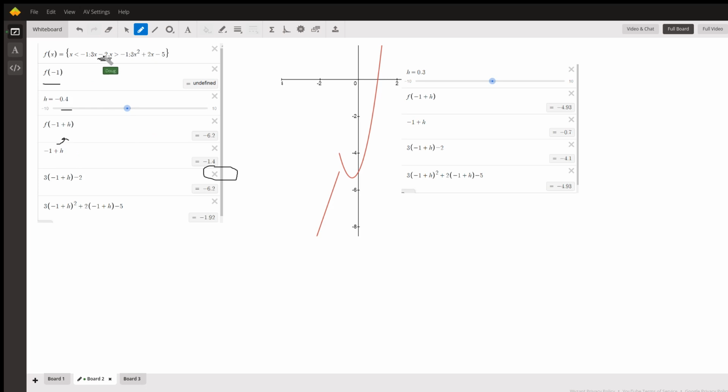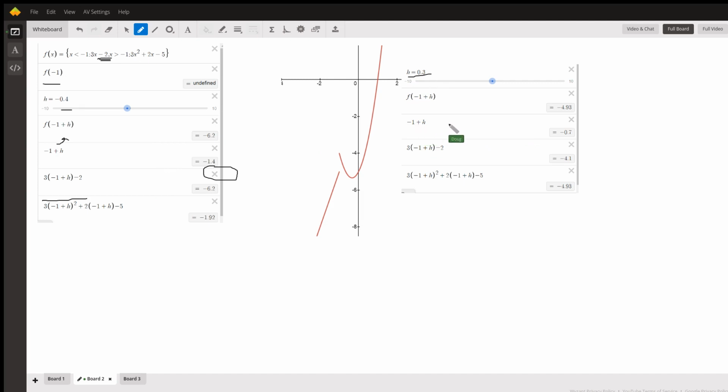So we use this rule. That means we put -1 plus h in for that x, and there's what that shows. We get -6.2.